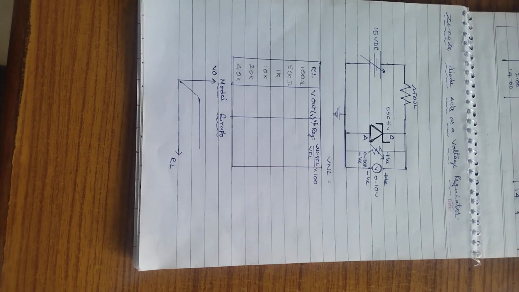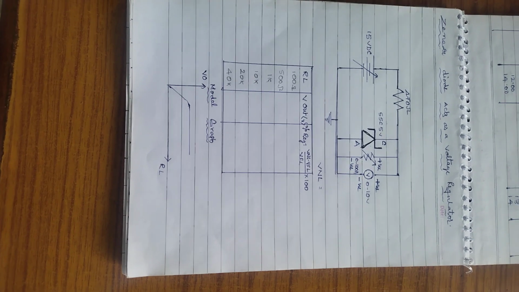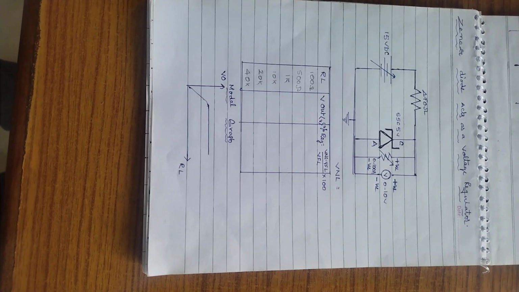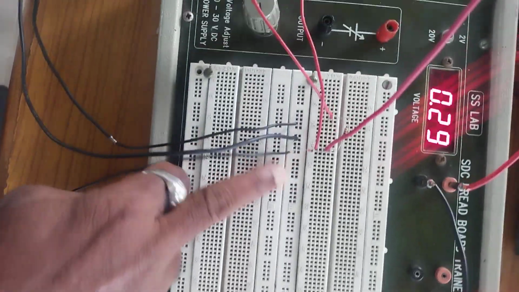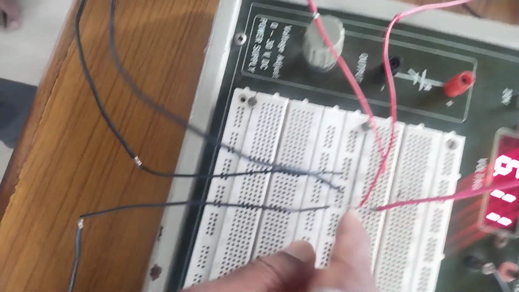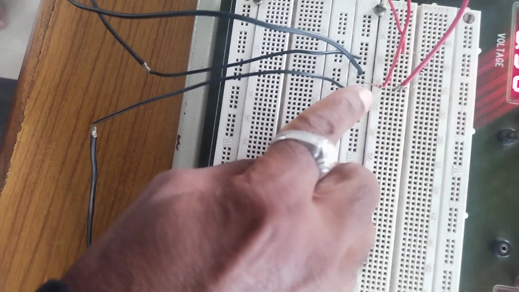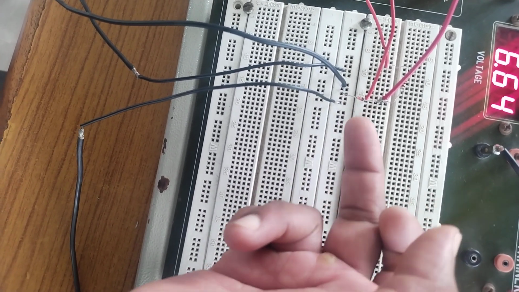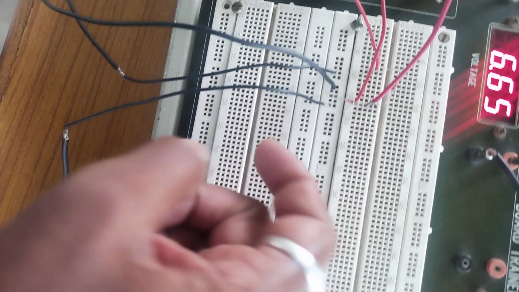Now we can see how this will be connected based on the circuit diagram, and how it works. This is the breadboard, and this is the Zener diode. The black marking symbol is the cathode, and this one is the anode.